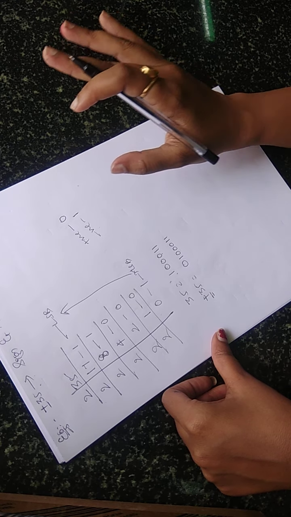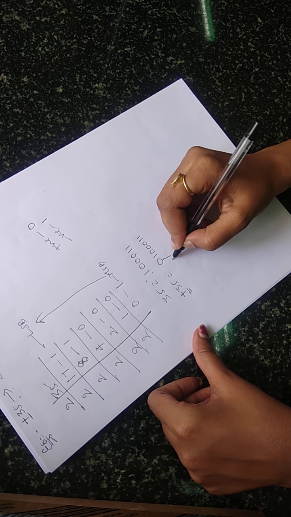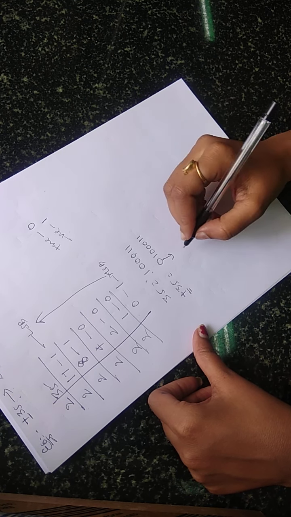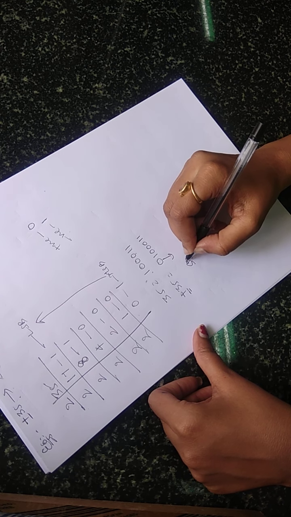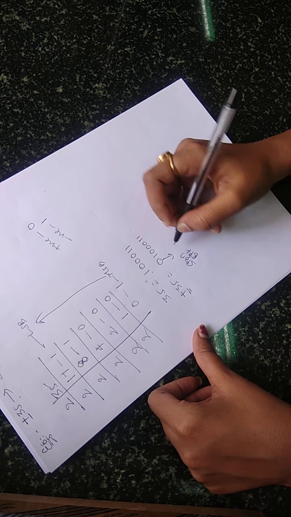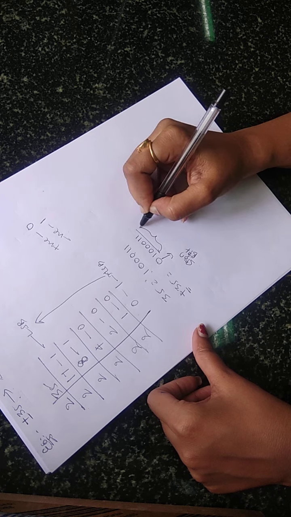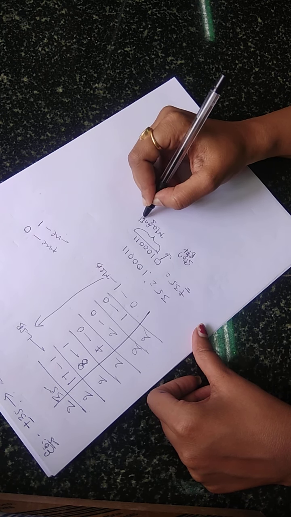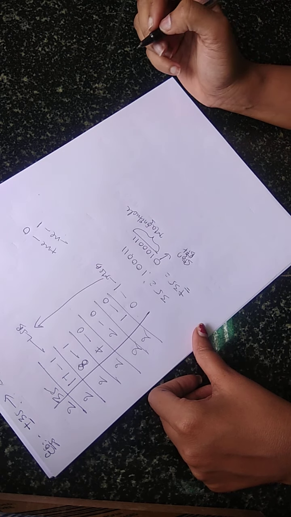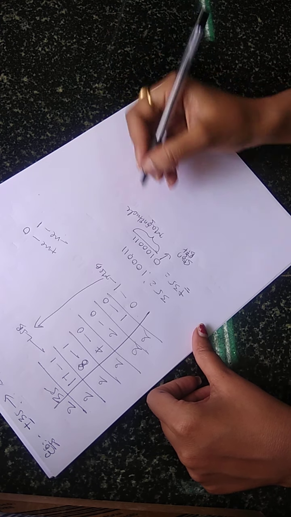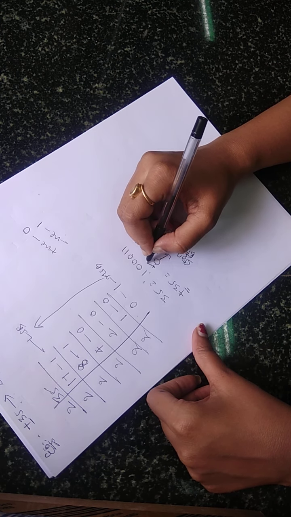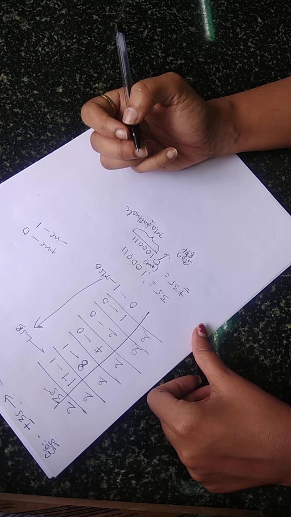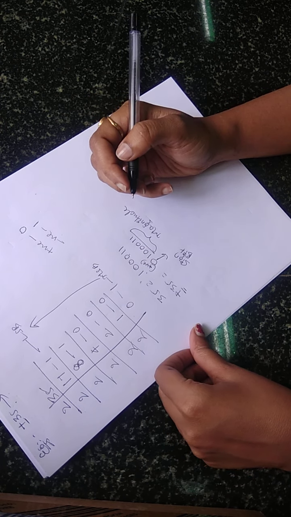Keep that point in mind. Done? So this 0 is your sign bit, and this whole remaining section is your magnitude, which gives the actual value of 35. Here 0 represents a positive number.